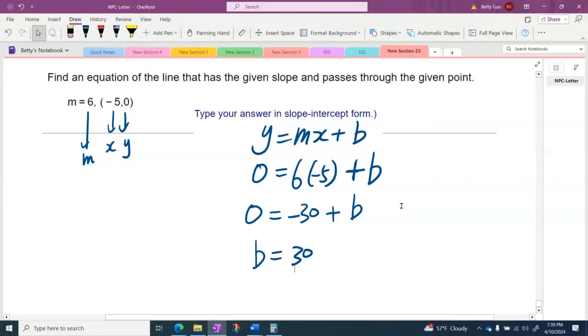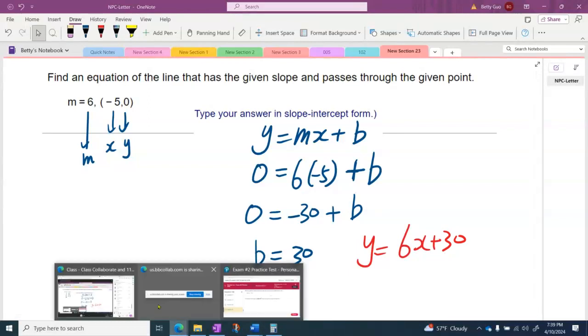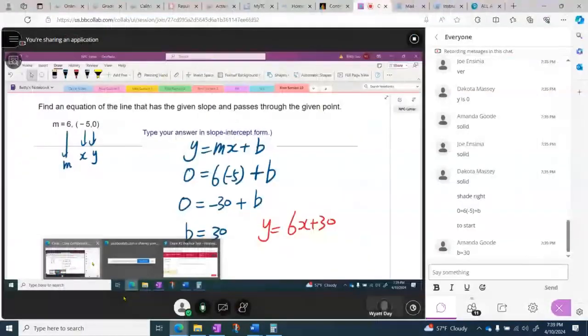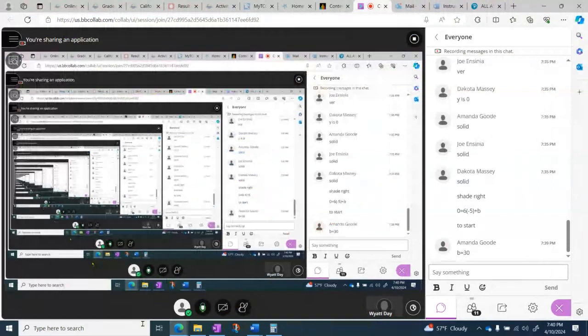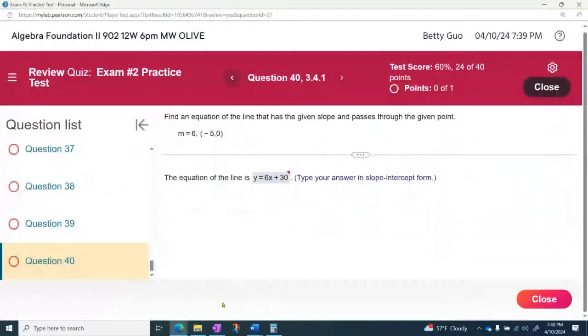So B equals 30. So that's how we know the answer is going to be y equals 6x plus 30. Perfect. Very good. And your answer in the cell is going to be y equals 6x plus 30.